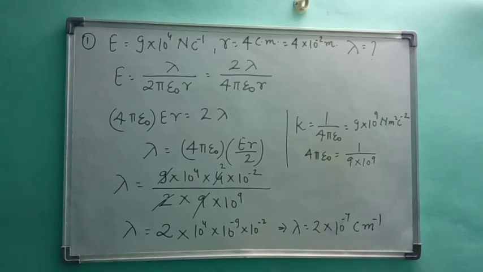Okay, second question. A cylinder of large length carries a charge of 2 into 10 to the power minus 8 coulomb per meter.